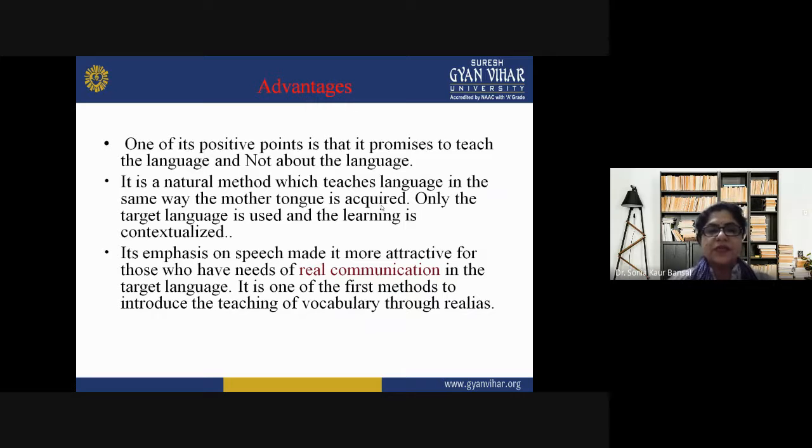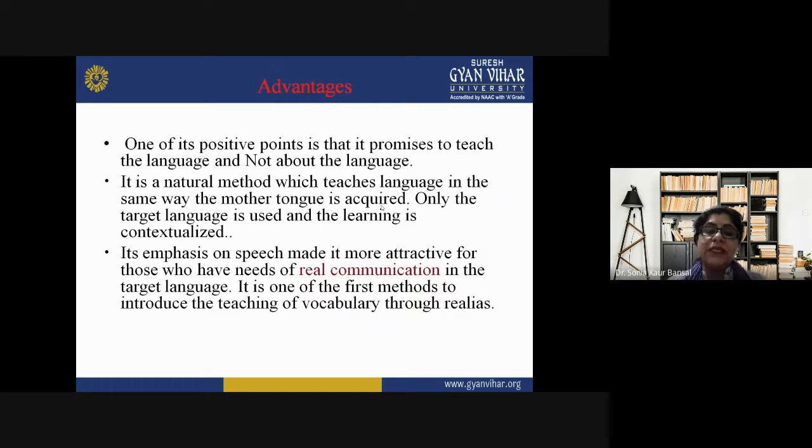Then students, next, it is a natural method which teaches languages in the same way the mother tongue is acquired. Only the target language is used and learning is contextualized. So whatever you are speaking in the classroom, you are not supposed to use the mother tongue.